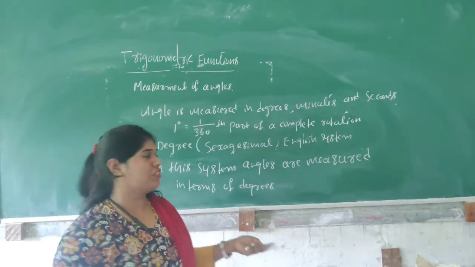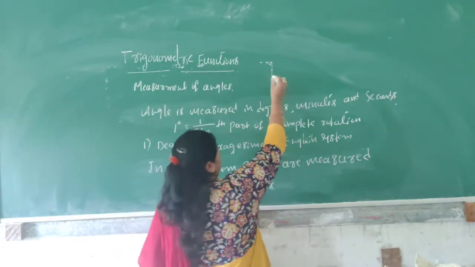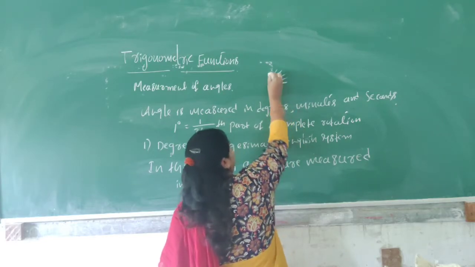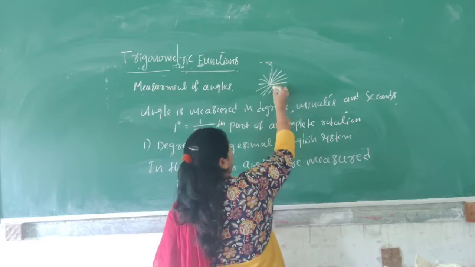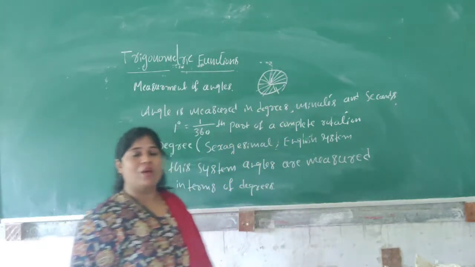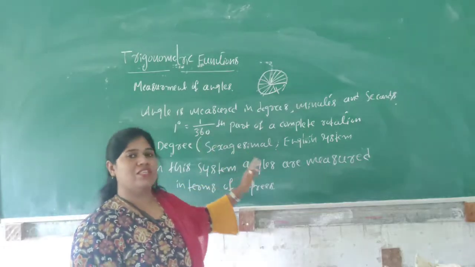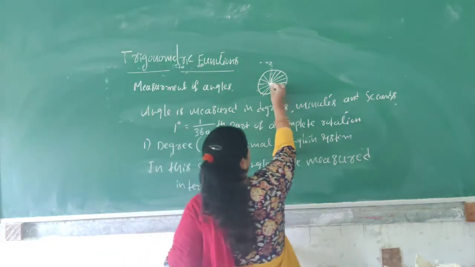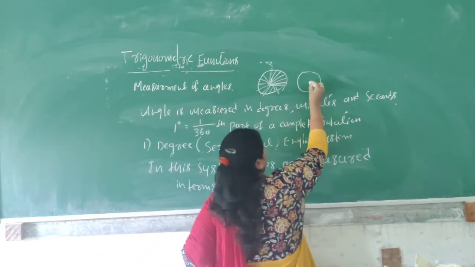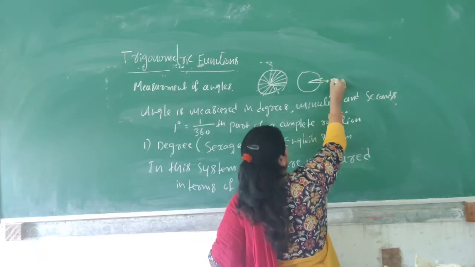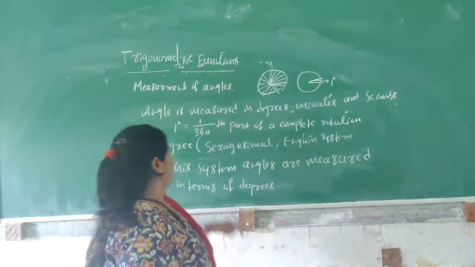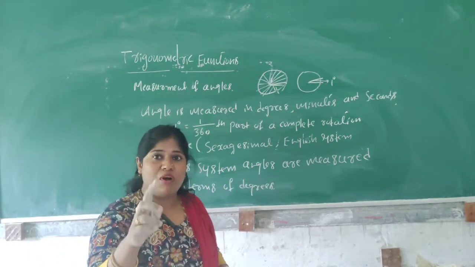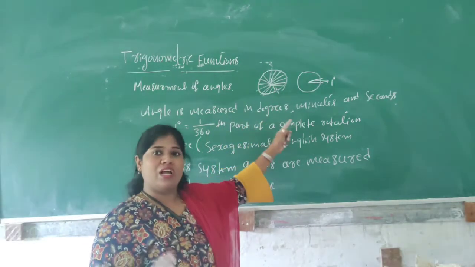We know the circumference of the circle has 360 equal parts to complete one rotation. So each part, this one here, is called 1 degree. 1 degree is one 360th part of one complete rotation.